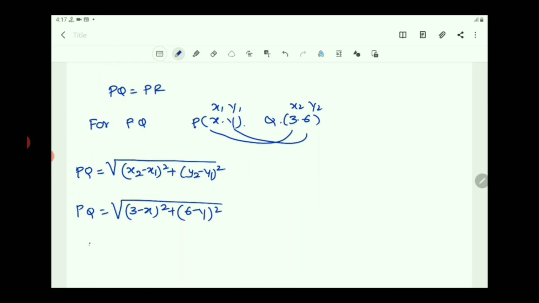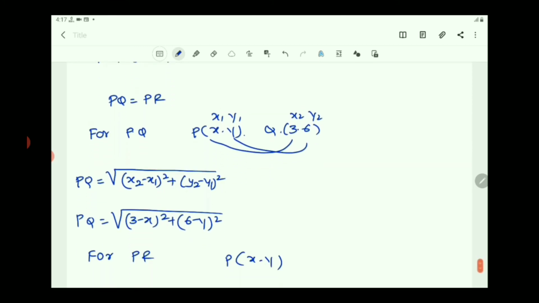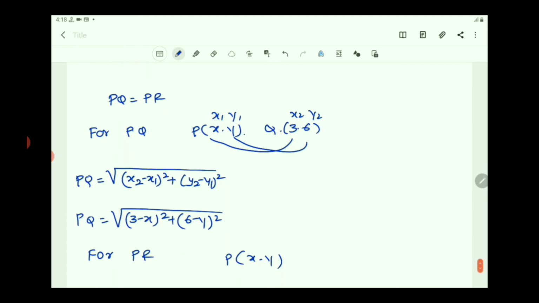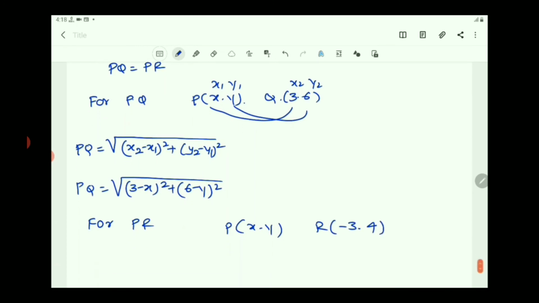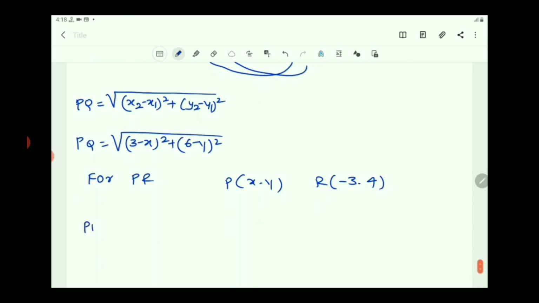Then second, for PR, you take P is a point with (x, y) and R is a point with (-3, 4). Then PR equals, again you take square root of (x2 minus x1) whole square plus (y2 minus y1) whole square.